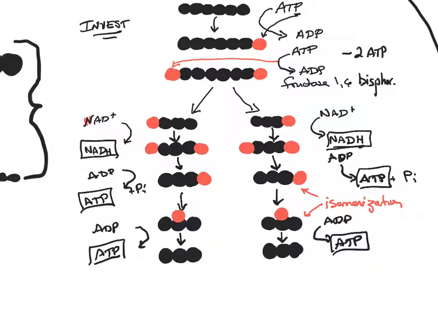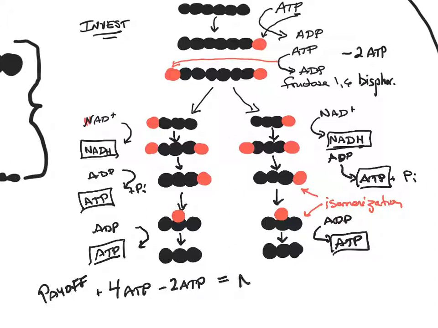And so we invested in the first half of the glycolysis reactions, but in the second half we got the payoff. And the payoff is a little bit of ATP, so if you count 4 ATPs here, that's 4 plus. But up above, we lost 2 ATPs.